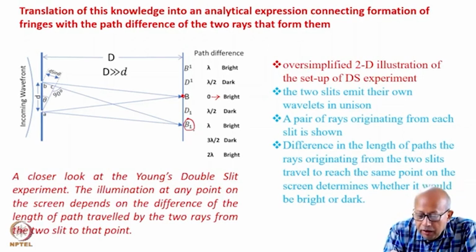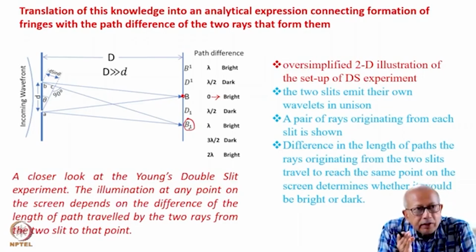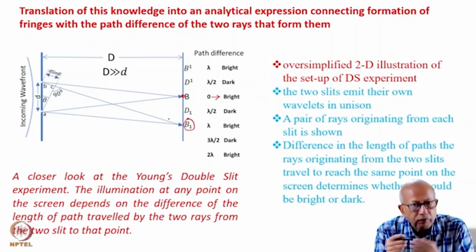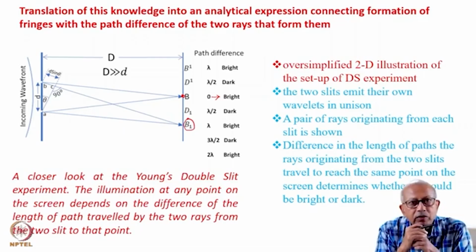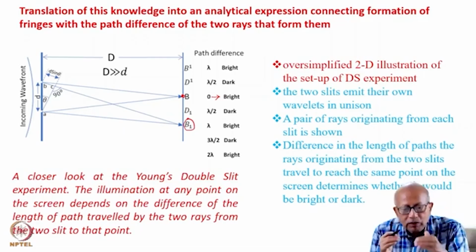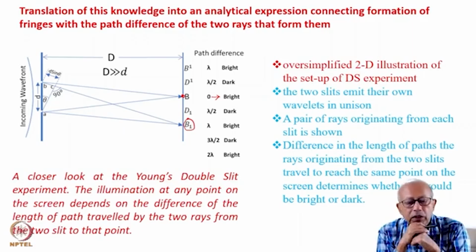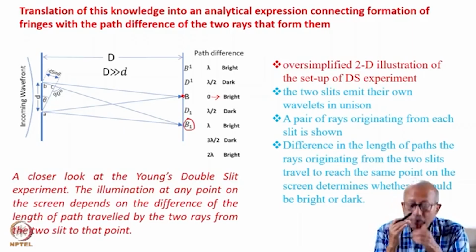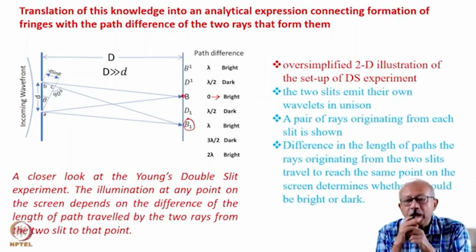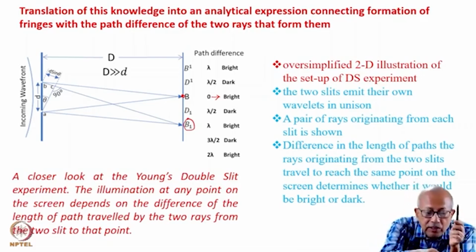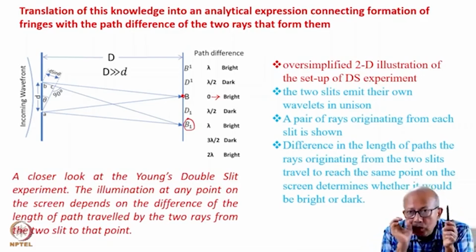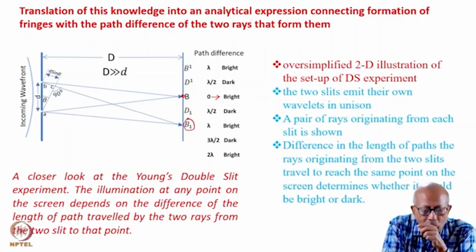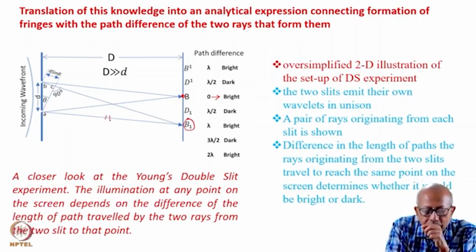And because they have again interfered and created a bright region, these two waves are in phase. But what is the path difference between them? This has traveled a longer distance. Because they are in phase again, this has traveled a distance which is just one wavelength more than the distance traveled by this ray.